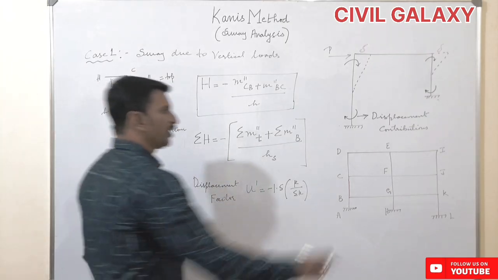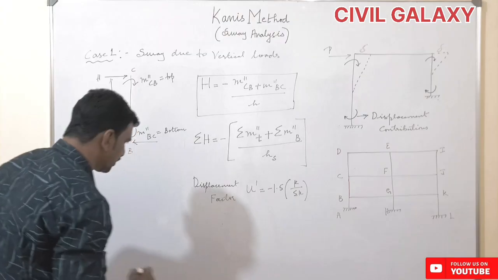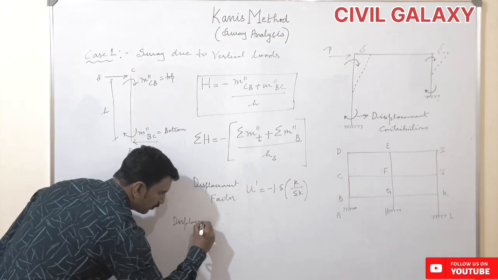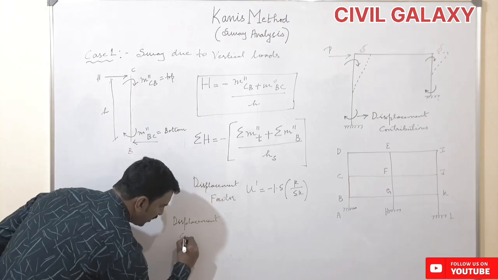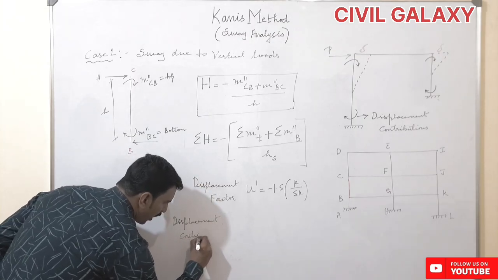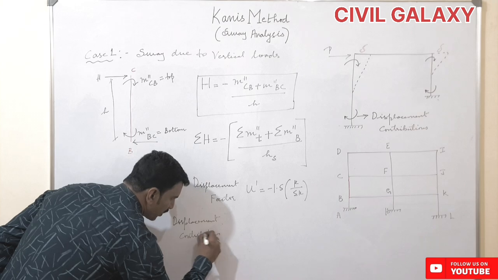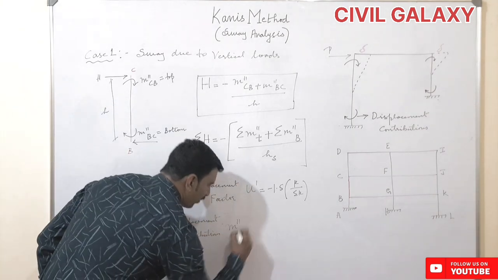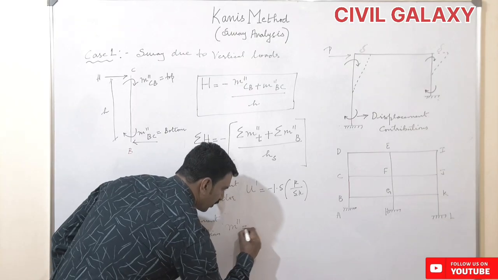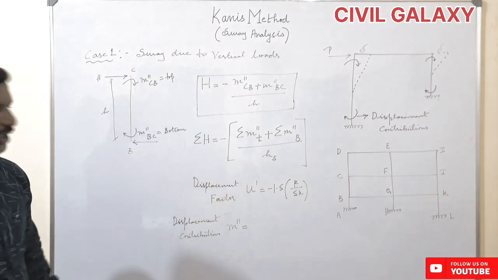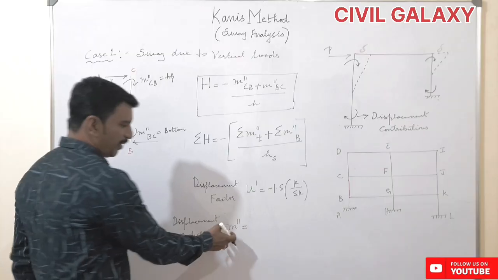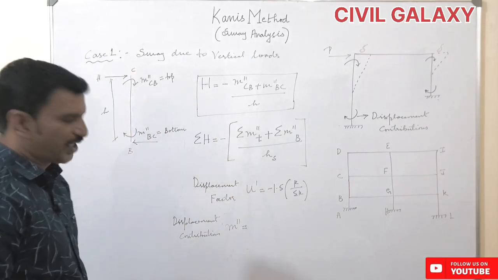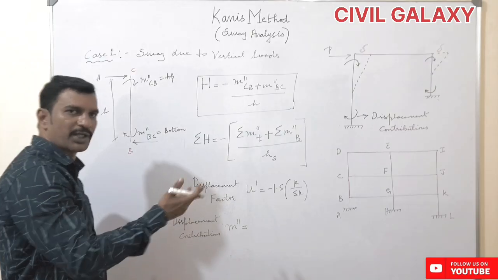Now if you want to find out the displacement contributions, it is given by M double dash is equal to, we know the formula for rotation contributions, which is given by M dash is equal to U into summation of the fixed end moment plus summation of far end rotation contributions.